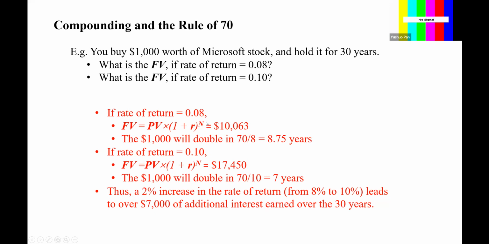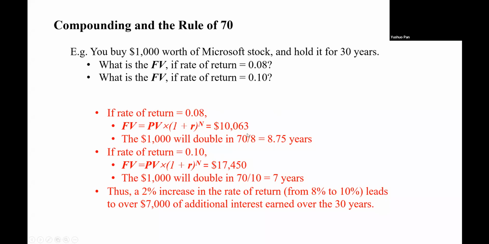But if you increase your rate of return by only 2%, from 8% to 10%, with the same amount of time, your future value would be close to $20,000. Even though it is just 2% over 30 years, the future value almost doubles.